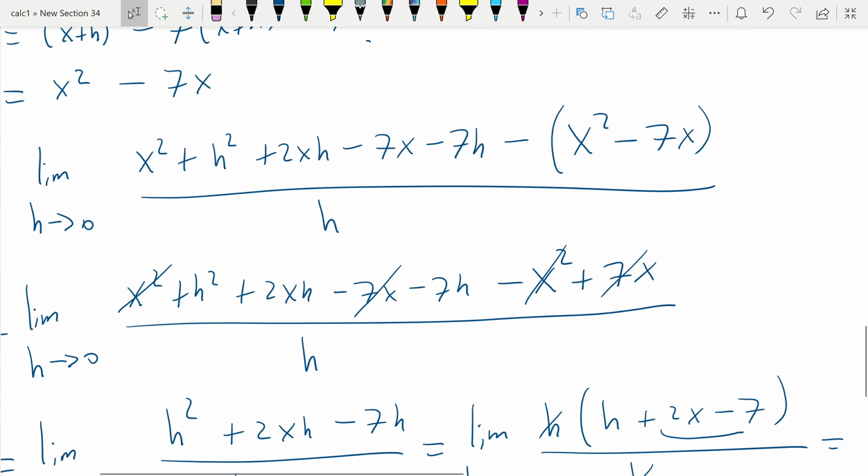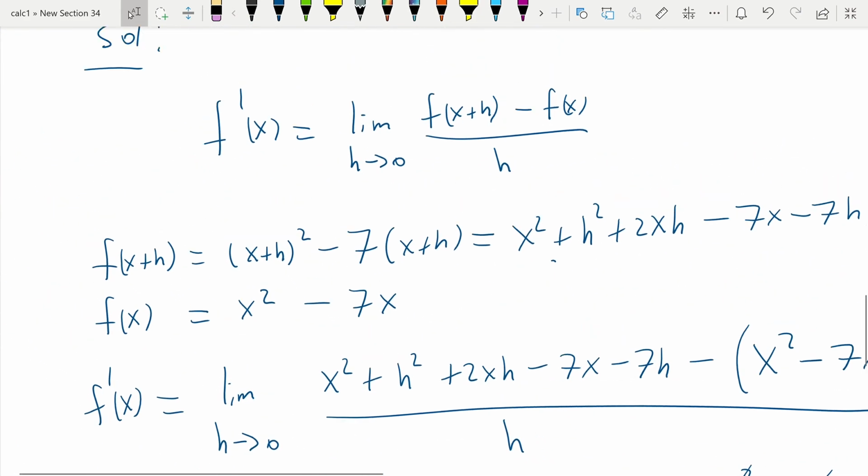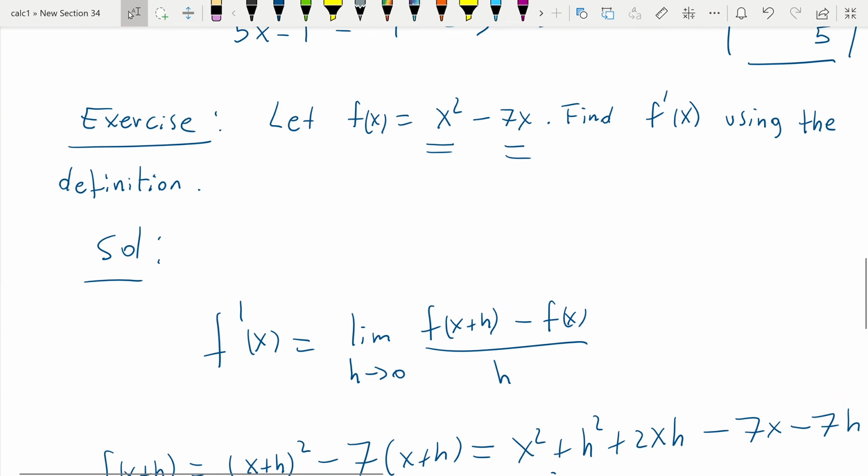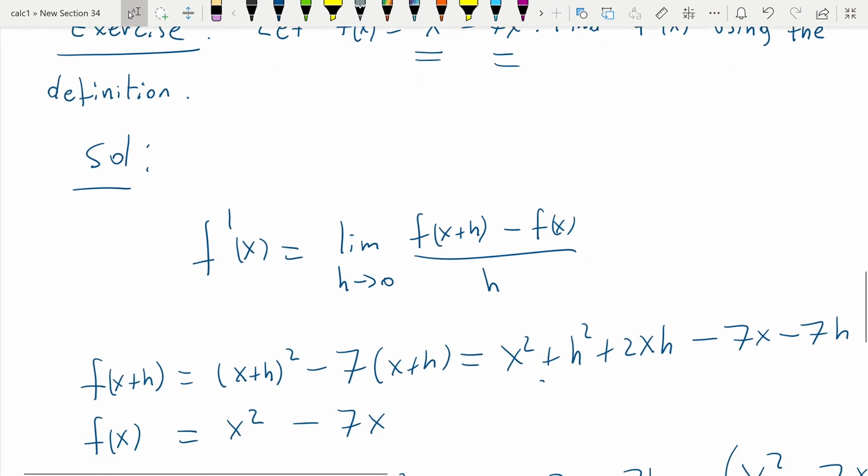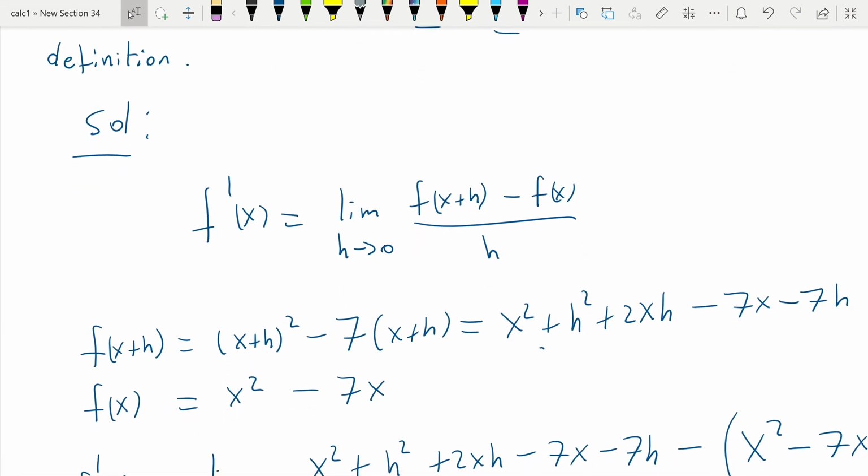So that's the derivative of this function, and this is how you obtain it by definition. First thing to do, of course, is to write down that f prime corresponds to the limit of f of x plus h minus f of x divided by h as h approaches 0.